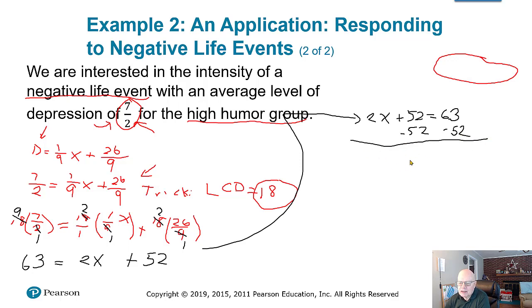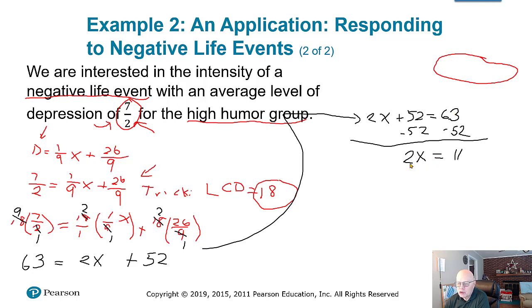Now, what does that leave me with? Well, these cancel out the 52s. I'll end up with just 2x over here. And once I subtract those, because remember I'm subtracting because the signs are different, so I end up with positive 11 because the 63 is bigger. And then down here I've got 2x equals 11.